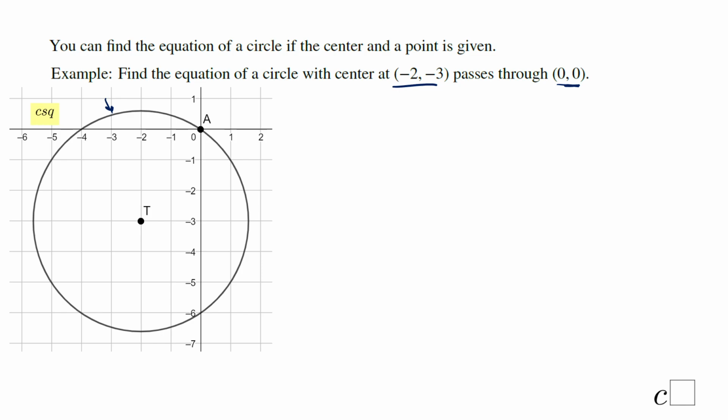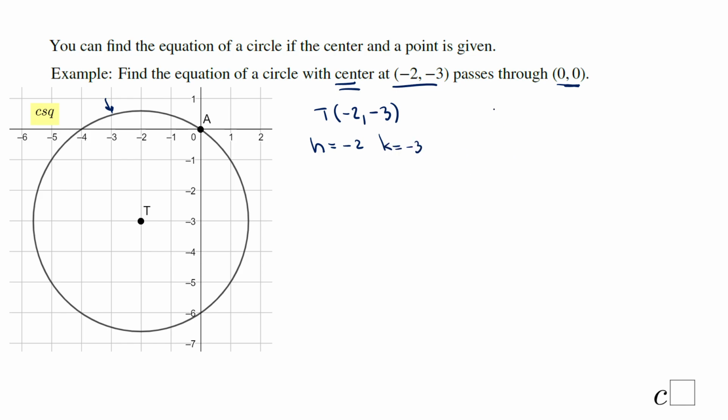So first of all, we know the center. T is the center. Very similar to the other problem, we know h is negative 2 and we know k is negative 3.